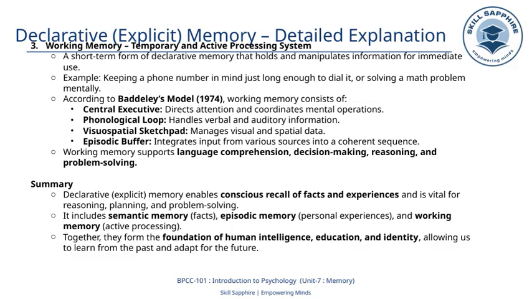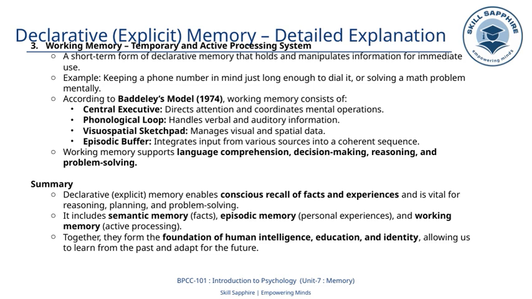The central executive acts as the control tower, directing attention and coordinating mental operations. The phonological loop handles verbal and auditory information, like repeating a phone number in your head. The visuospatial sketchpad manages visual and spatial data, helping us navigate or visualize objects.